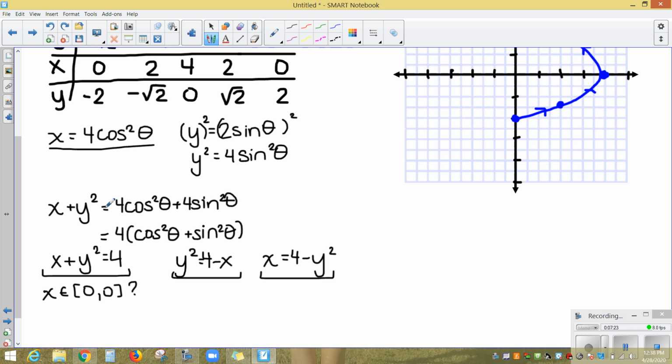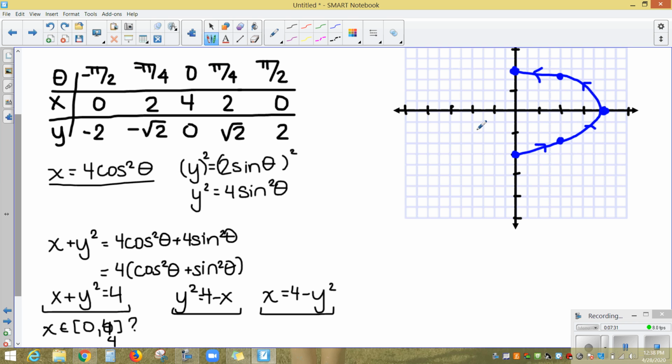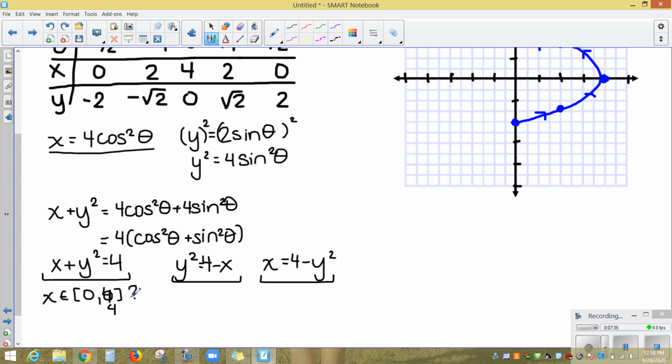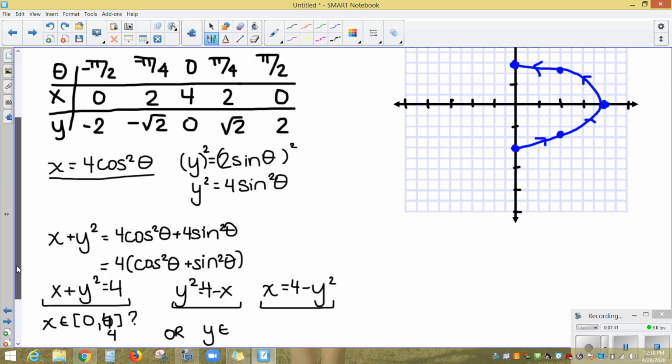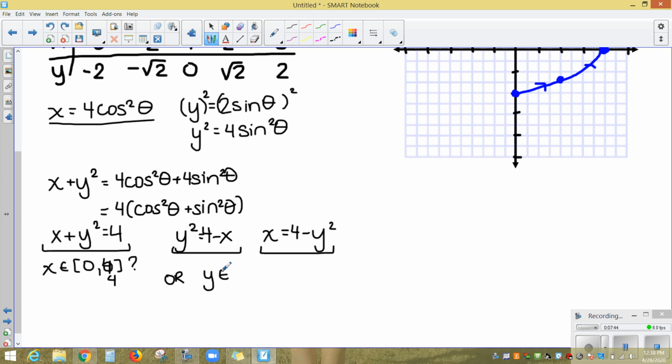If we just look at our starting and ending, we could say x equals 0 to 4. Write it in a way we can read it, because our x values go from 0 to 4. We could tell them restrictions on the y. Y goes from, looks like the lowest end is -2 to +2.